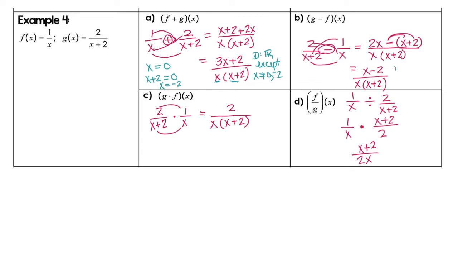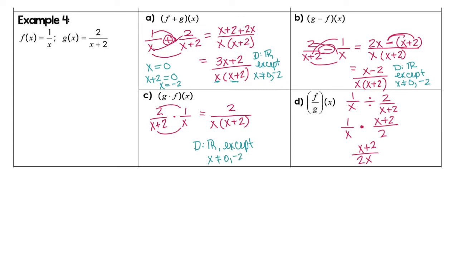So that would imply that our domain, again, is going to be all reals except, and again, x cannot equal 0 or negative 2. Looking at the next problem, part C, again, same denominator, so therefore you have the same domain. It's going to be all reals except, x cannot be equal to 0 or negative 2.